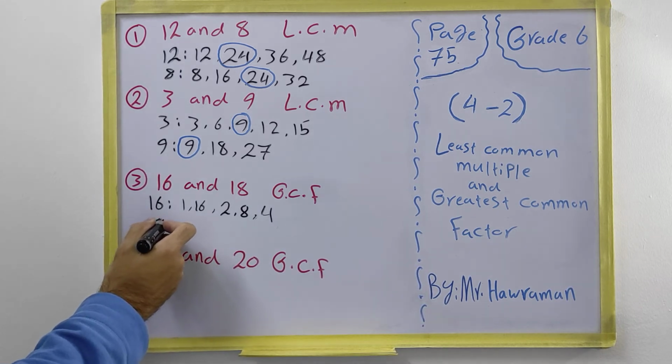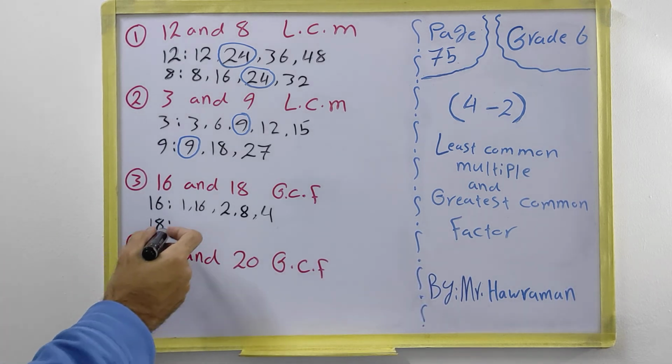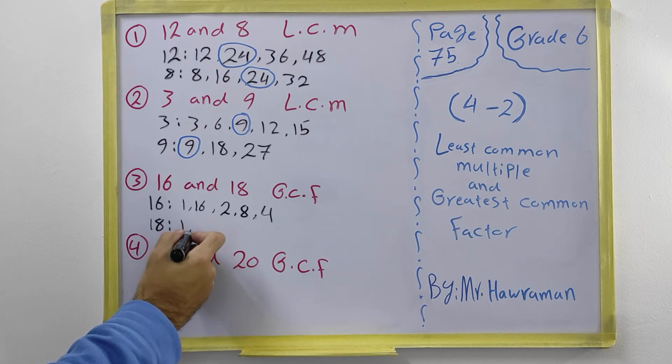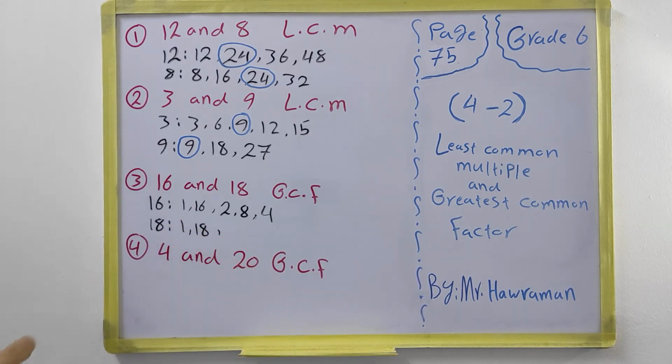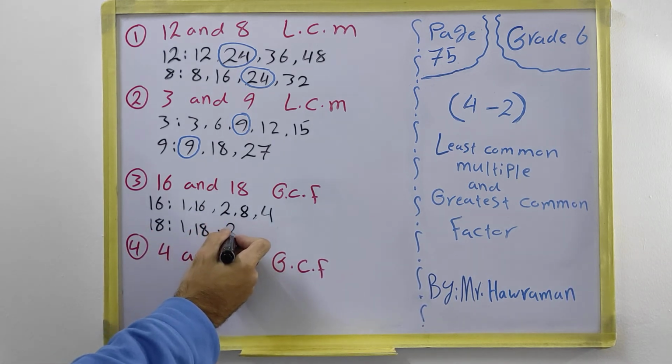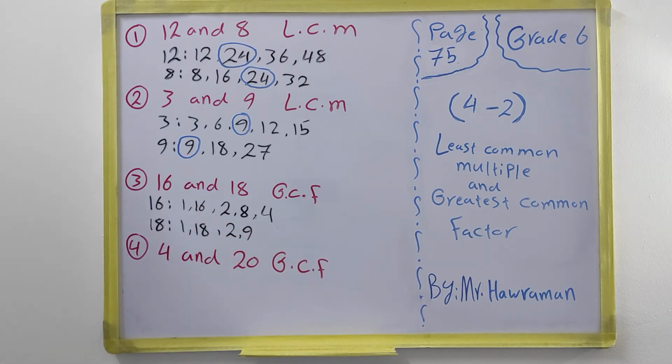We check for 18 from 1 multiplied by anything, 2 multiplied by anything, like that we go on. 1 multiplied by 18 itself. 2 multiplied by anything equals 18? Yes, 2 multiplied by 9. 2 and 9.